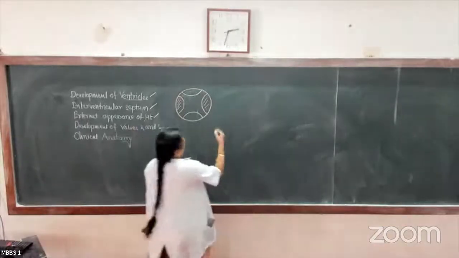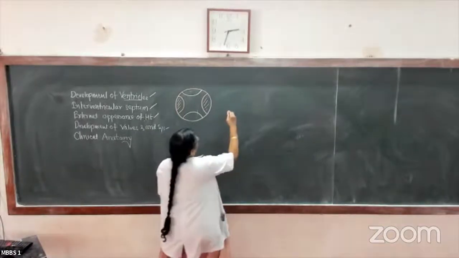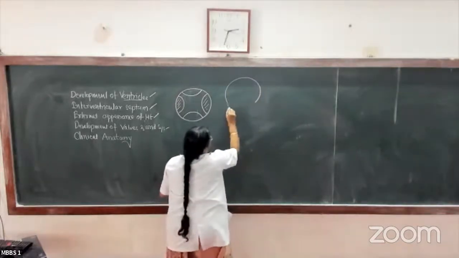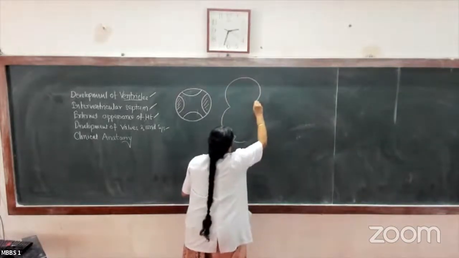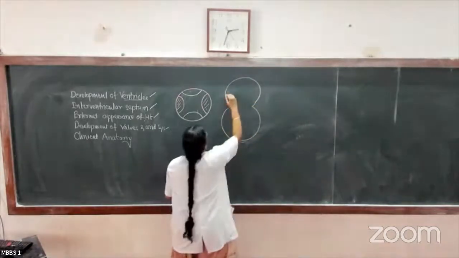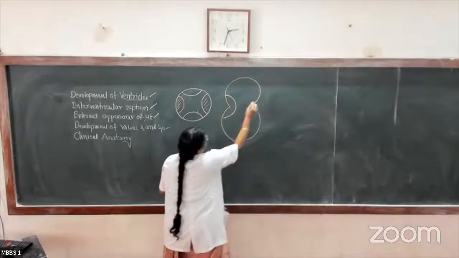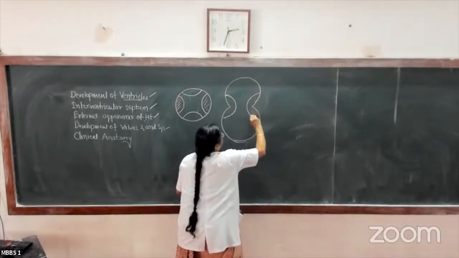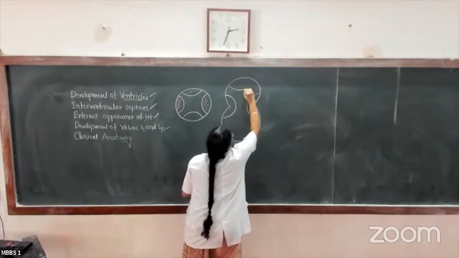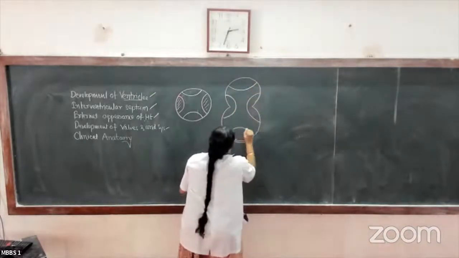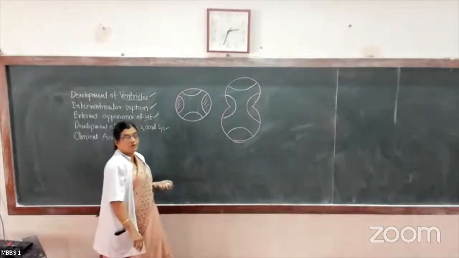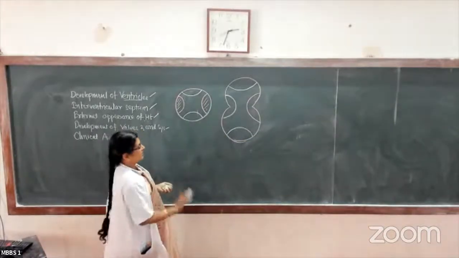Now, whatever this rounded structure is, there is a constriction like this. And the right and left cusps are divided into two, but the ventral and dorsal cusps remain as they are.